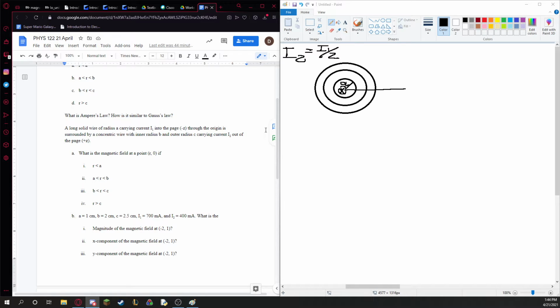So how do we go about finding this? Let's start off outside of the entire current distribution, out here with r greater than c. How do we find the magnitude of our magnetic field out here?